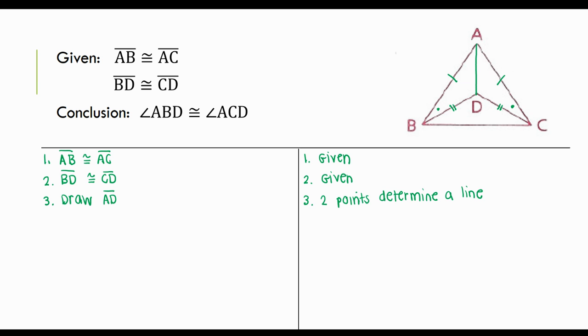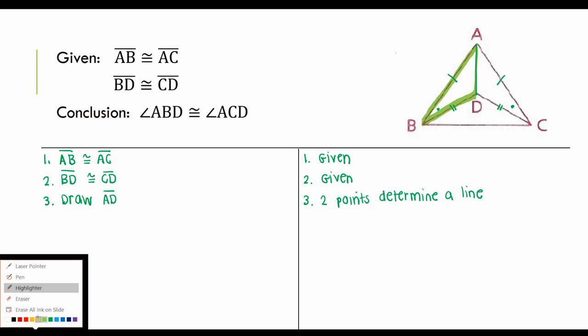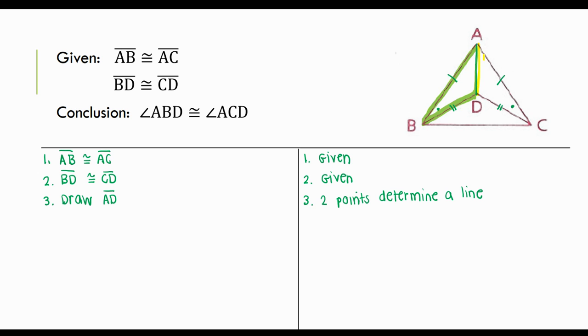So now, because I want to get those two angles, let's focus on the triangles up here at the top. So let me highlight. We want to try to prove that the triangle ABD is congruent to the triangle ACD. We want to get those two top triangles. They already have two sets of markings. We need a third thing. Hopefully you notice that by drawing that segment AD, that's now a side that's shared between those two triangles.